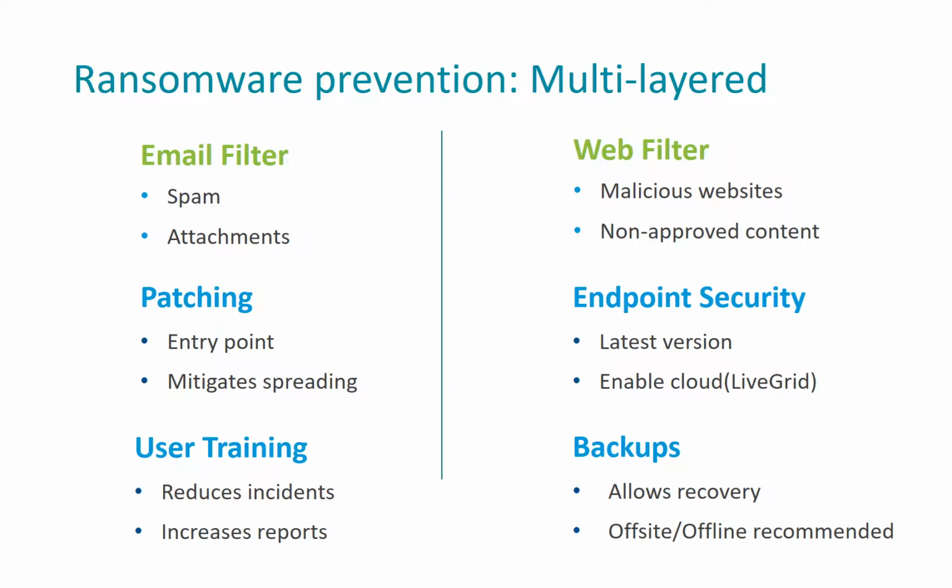User training is next, and user training is important to reduce the amount of incidents your company has by teaching users what to look for and what to avoid when it comes to phishing and other malicious content. This also helps the user to report to the IT department when they notice something, which can allow the IT department to tweak the spam filter or bolster other defenses.